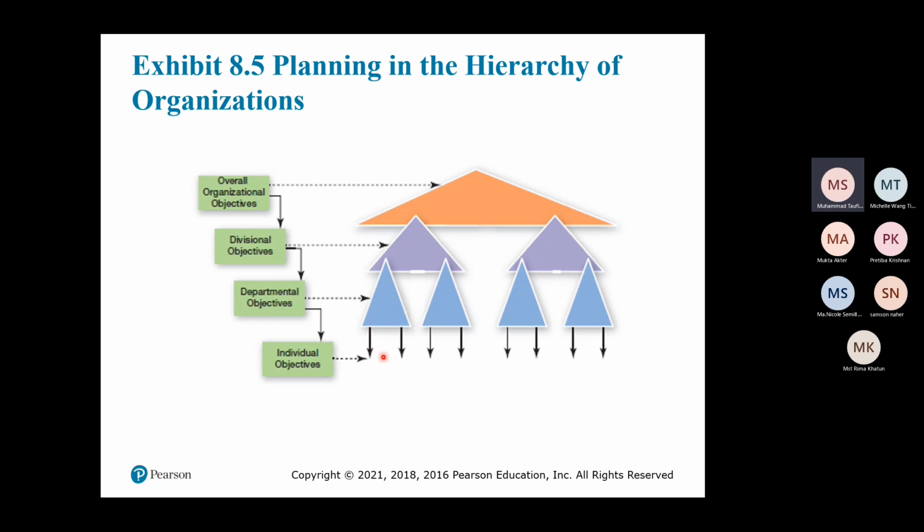Okay, but the objective on the employee level must come from the objective set by the top management. You have to remember that whatever you set up for your employees must reflect back whatever objective is set up by the top management.